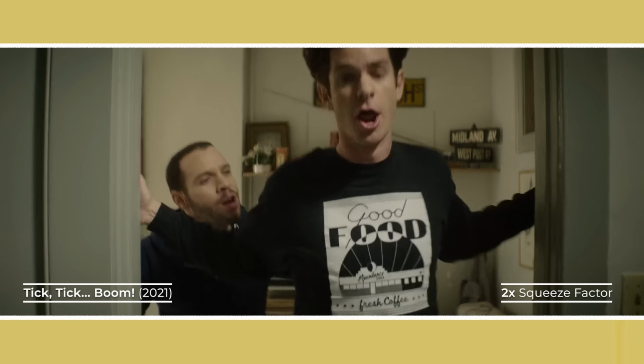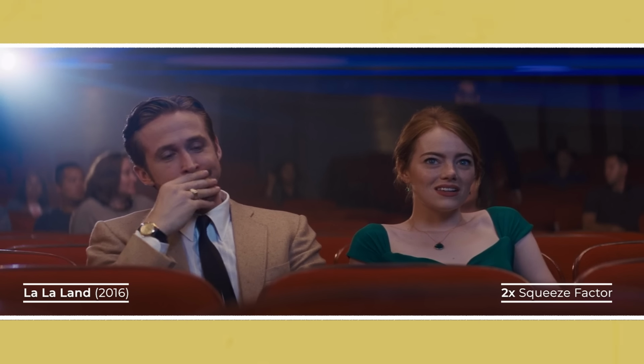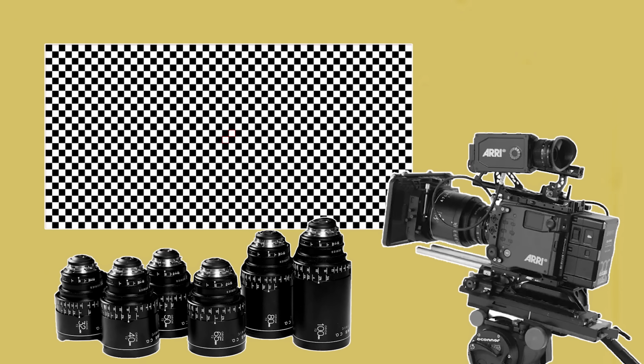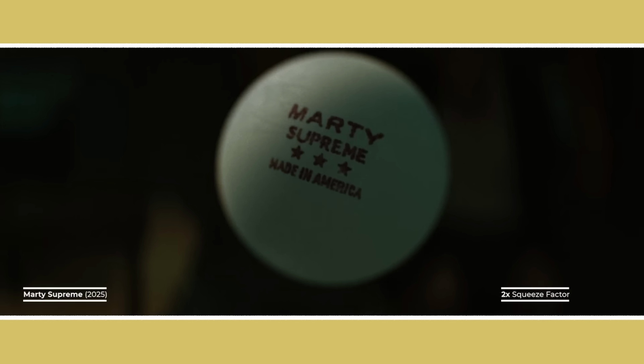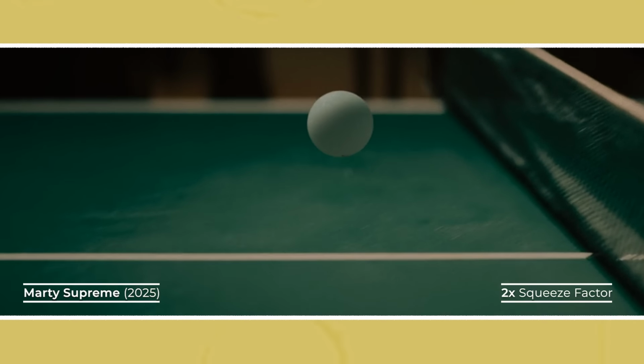On productions involving visual effects, this distortion becomes a technical consideration. VFX supervisors will often request distortion charts be shot at a gear check for every focal length used. These grid patterns allow software to measure how much each lens bends the image so that any CGI elements can be distorted the same amount to match seamlessly.